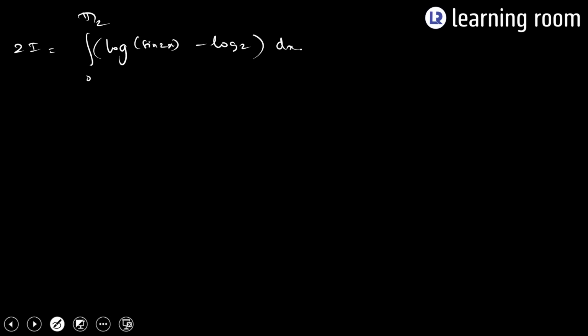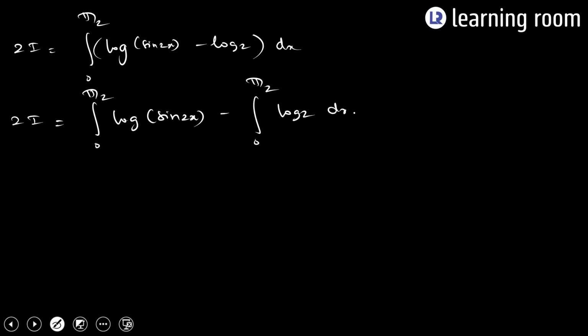Now, how do we proceed with this? 2I is equal to, can I write it as integral of 0 to pi by 2 log of sin 2x minus integral of 0 to pi by 2 log 2 dx? Can I do this? What I did is I split each term out.